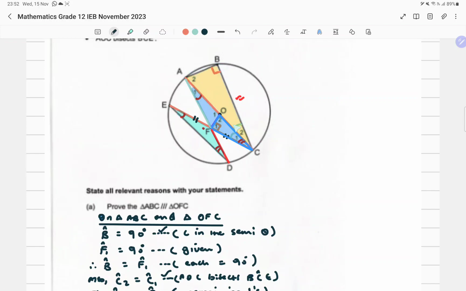So we can first use this side, and then instead of this side, we substitute with that one.